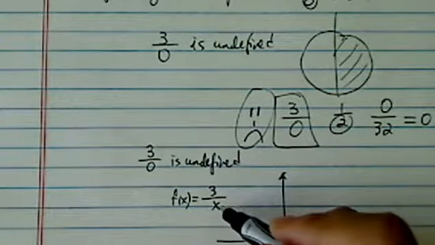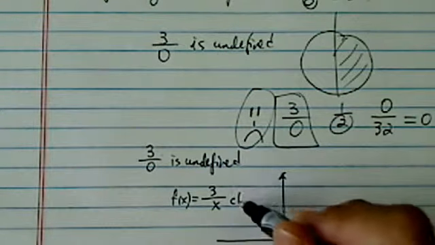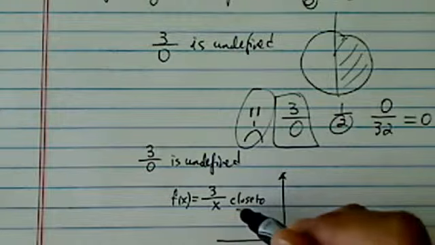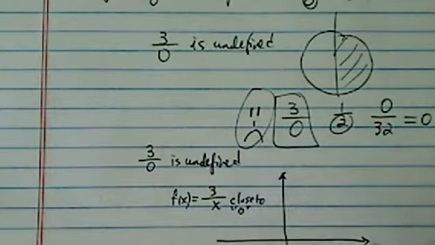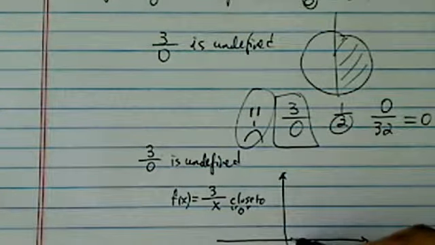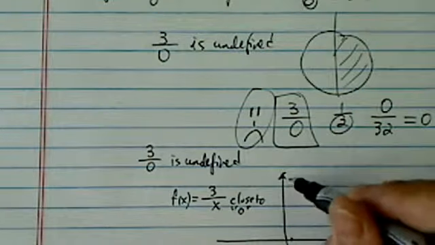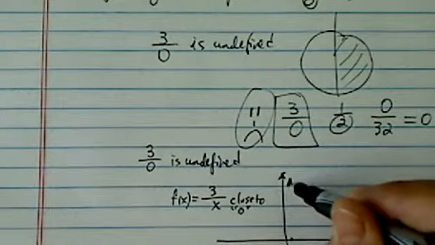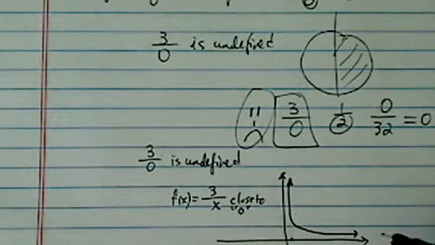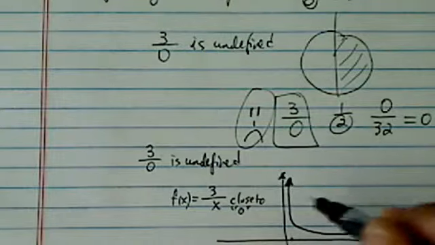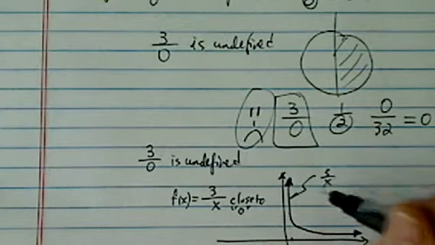When x is close to 0 from the positive side, let's say 0.1, you have a really big number on top. And as x gets bigger and bigger, the function goes close to 0. To graph it, it looks like this.